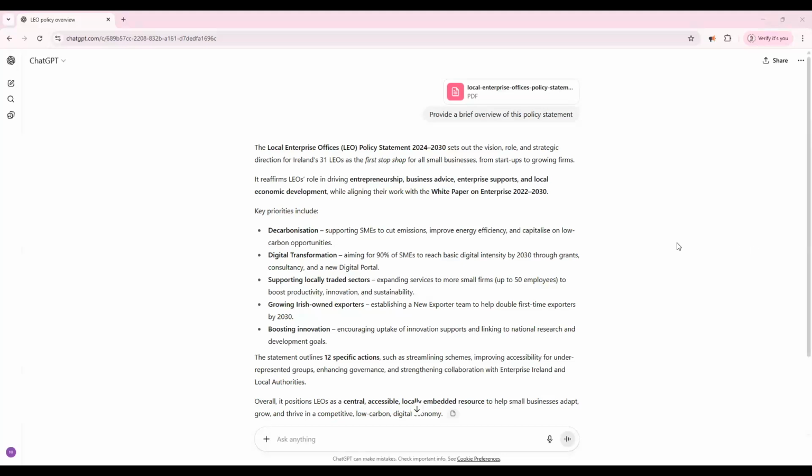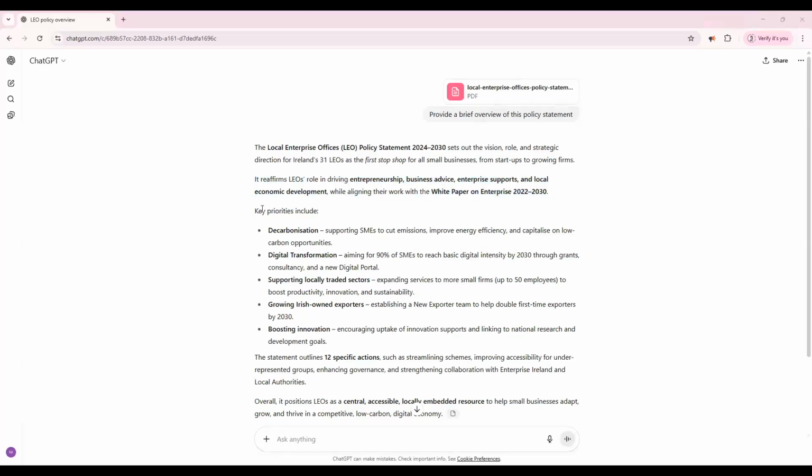Okay, and we get the following results. So this document provides a nice, clear overview of the policy, and it outlines the strategic direction of the Local Enterprise Offices from 2024 to 2030. So then it goes on to say that it focuses on supporting entrepreneurs, micro enterprises, and small businesses through tailored advice, funding, and development supports.